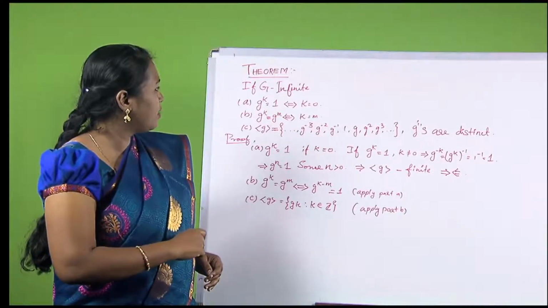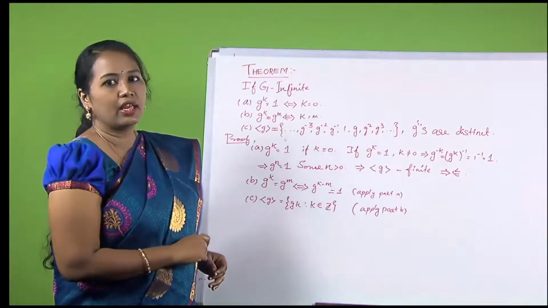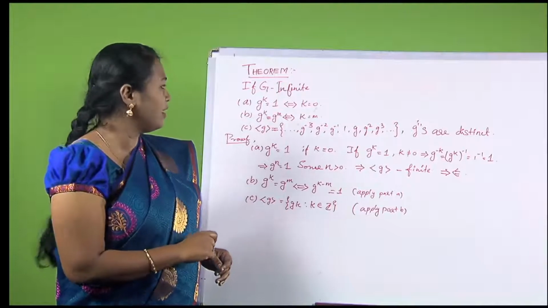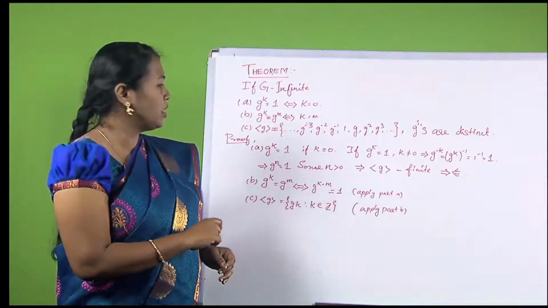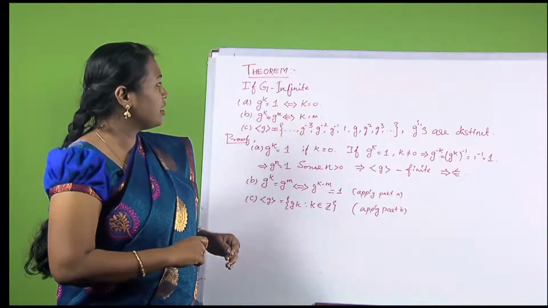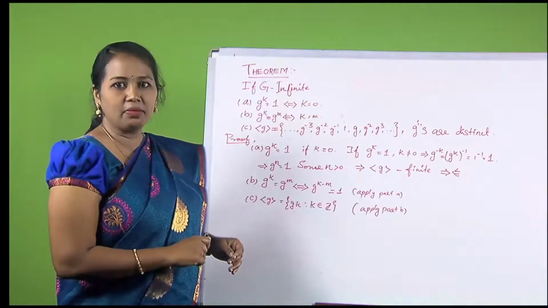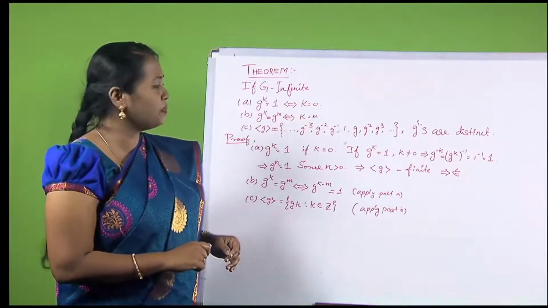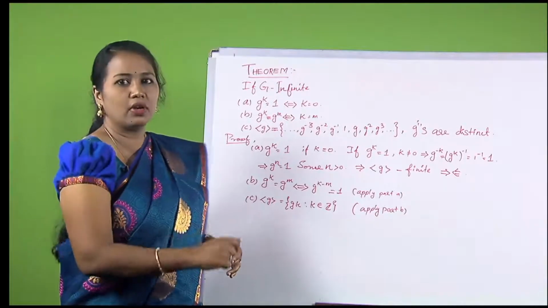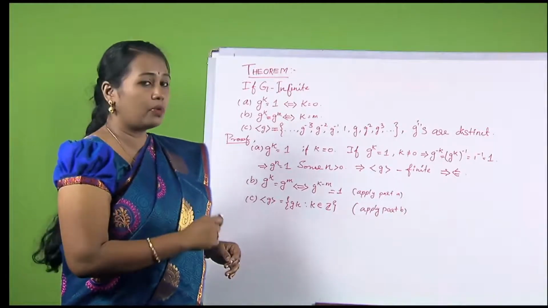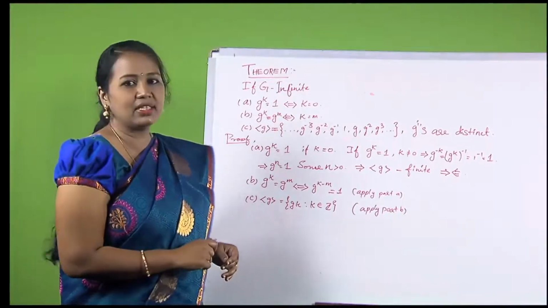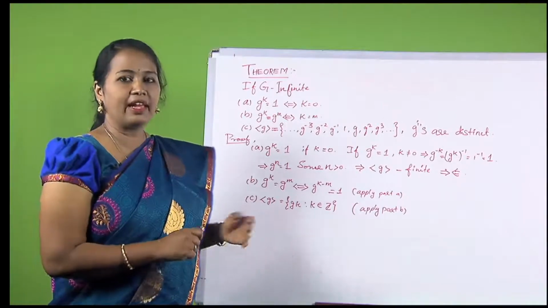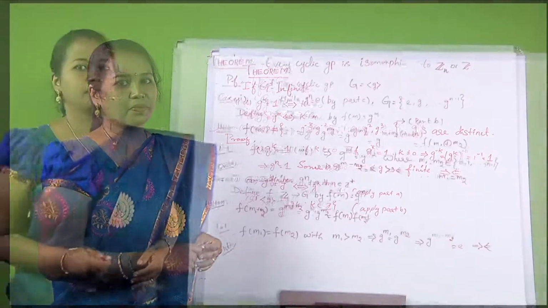There, g power k equal to g power m if and only if k is congruent to m mod n, but here k should be equal to m. And the only thing is that there will not be any negative powers for a finite group. Here we will have negative powers, and it goes on infinitely on both sides. So, that is the main distinction between a finite and an infinite cyclic group.